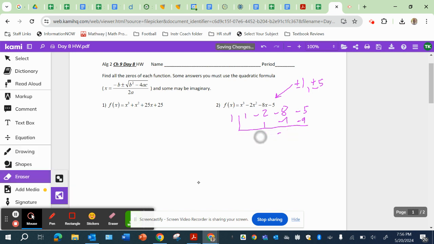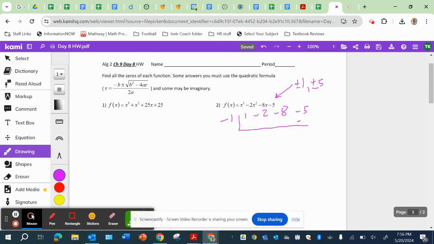So we'll try something else. Negative 1. So it gives me positive 5, so I have a remainder of 0. So x plus 1 is one of the factors, and that leaves me with x squared minus 3x minus 5.